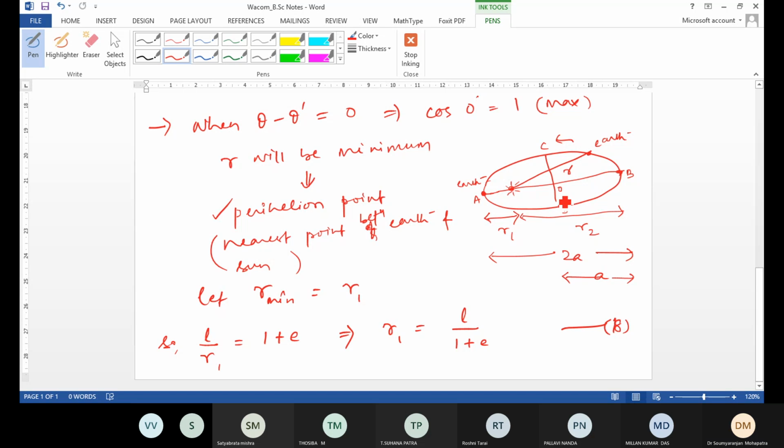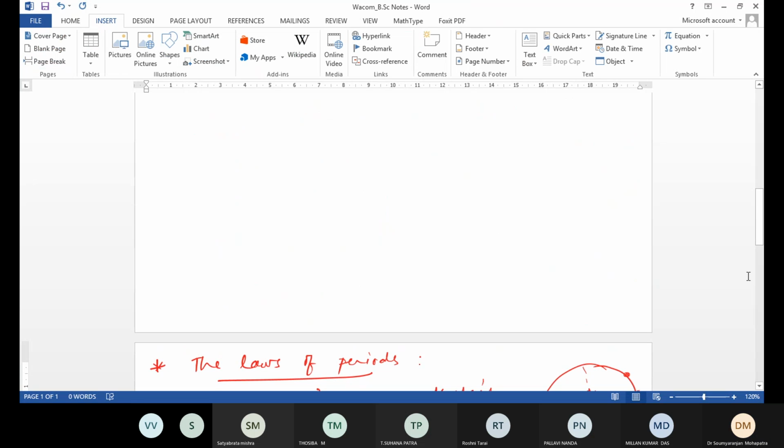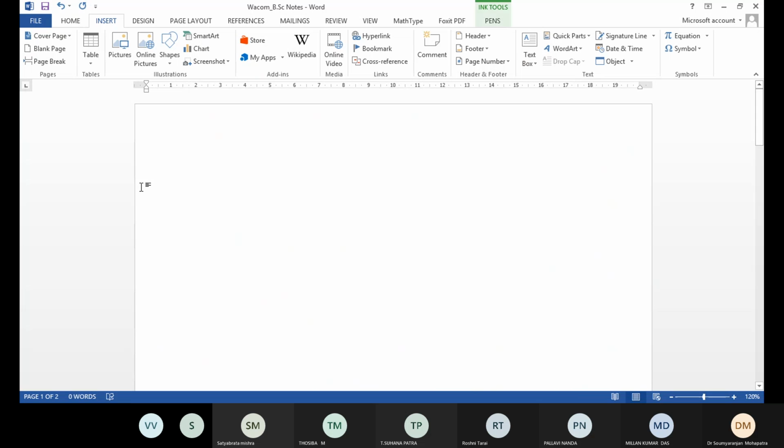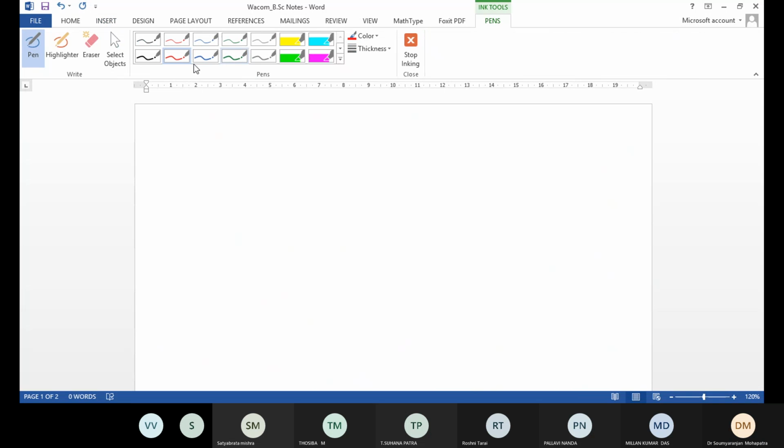I've already discussed this also. So this is the condition when cos theta has the maximum value, so it will be the perihelion point. Now let us see what happens in the case of the aphelion point. Next is when theta minus theta prime is 180 degrees. So cos of theta minus theta prime is equal to minus 1.